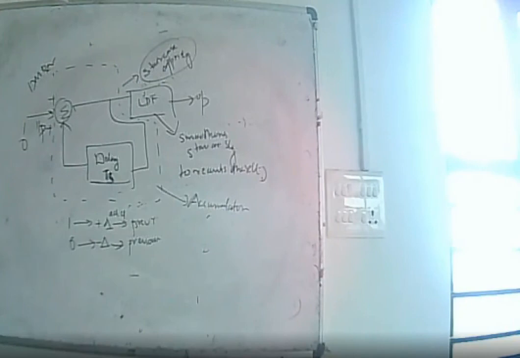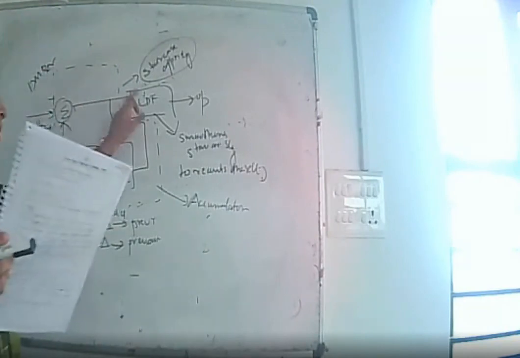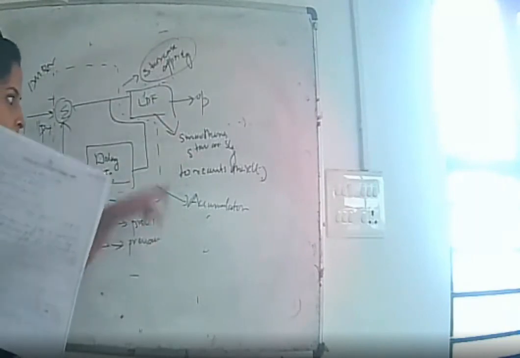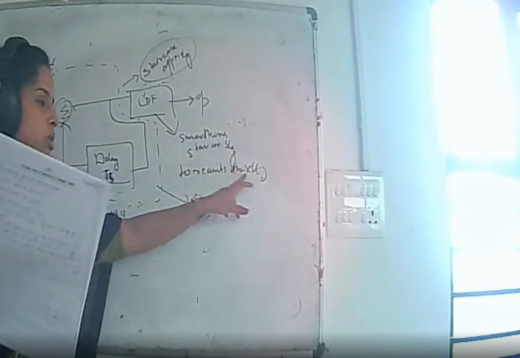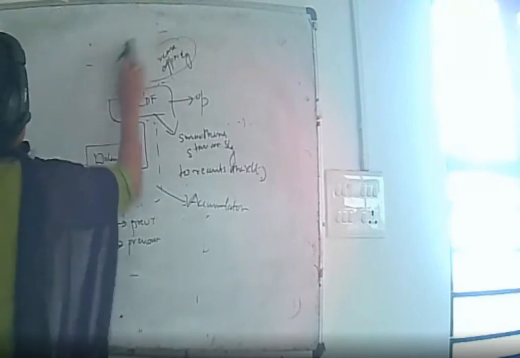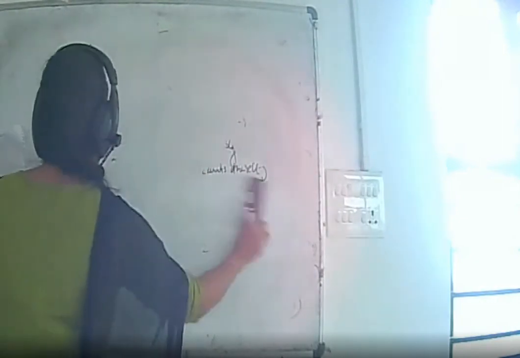We get the staircase approximation, which is then passed through a low pass filter, and this low pass filter smoothens the staircase approximation signal to reconstruct the original x of t, which is our input signal. This is the delta modulator receiver.